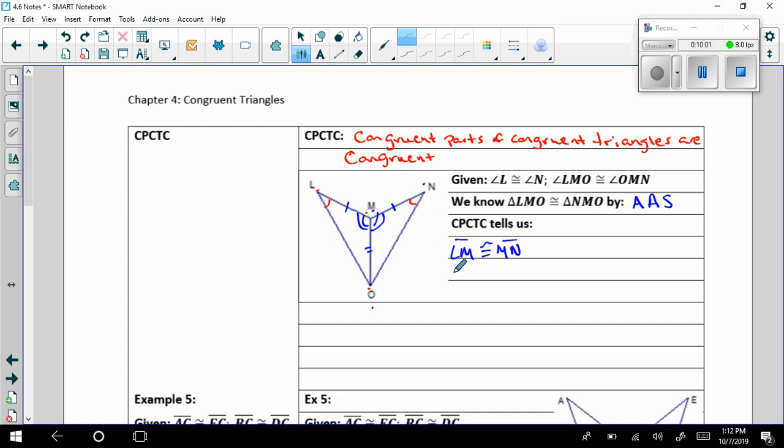We know that NO is congruent to LO. And then we also know angle-wise that this angle here, and because O is split, we'll have to name it with 2 letters, so LOM is congruent to NOM.